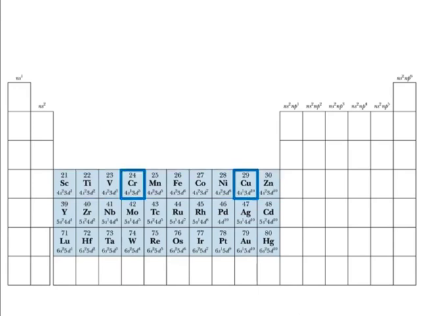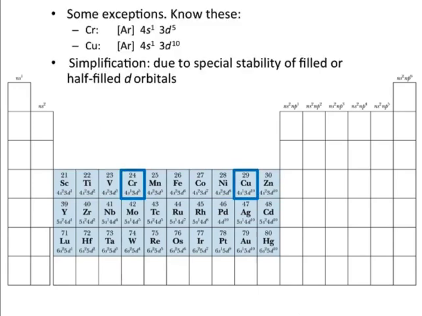Then there are 2 exceptions I want you to know for the first row: chromium and copper both take an electron out of the s and put it into the d to make filled or half-filled d subshells. If you look at chromium, if it puts one more electron into the d, it looks like manganese, which has 5 d electrons, and filling this halfway is better than having 2 in the 4s.